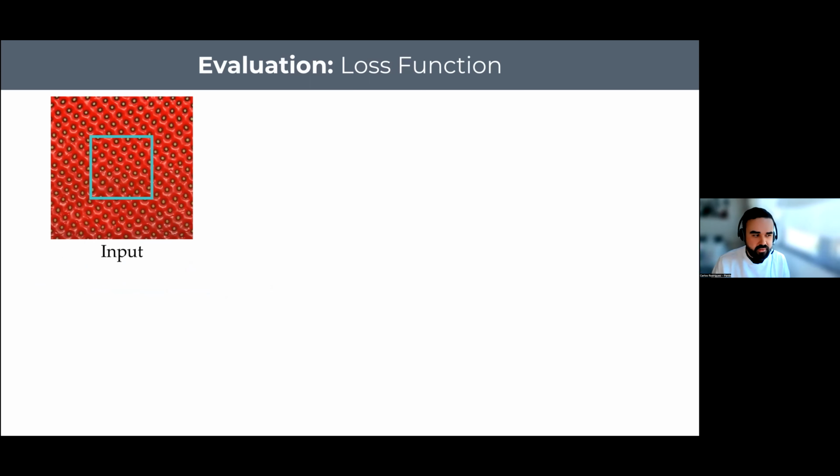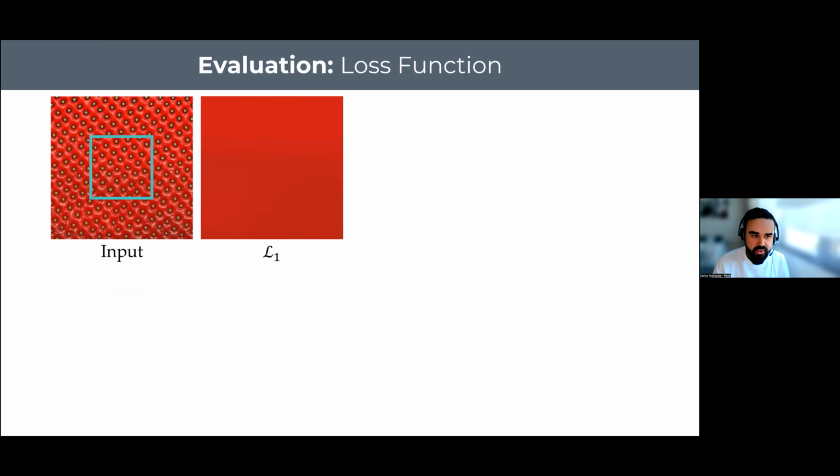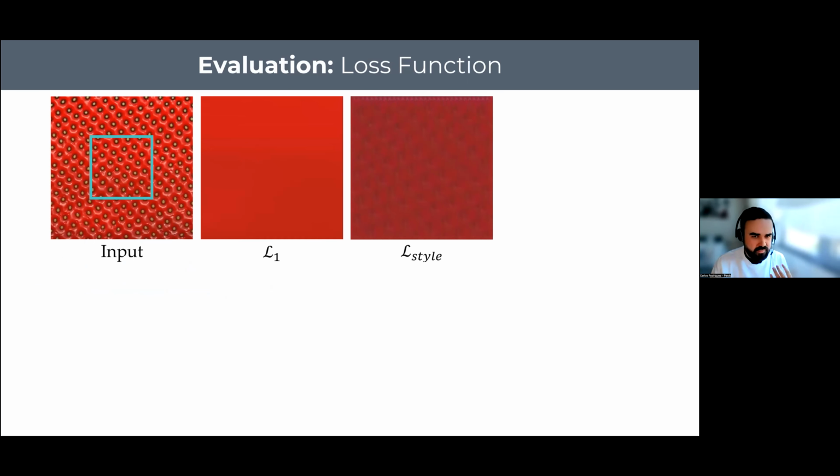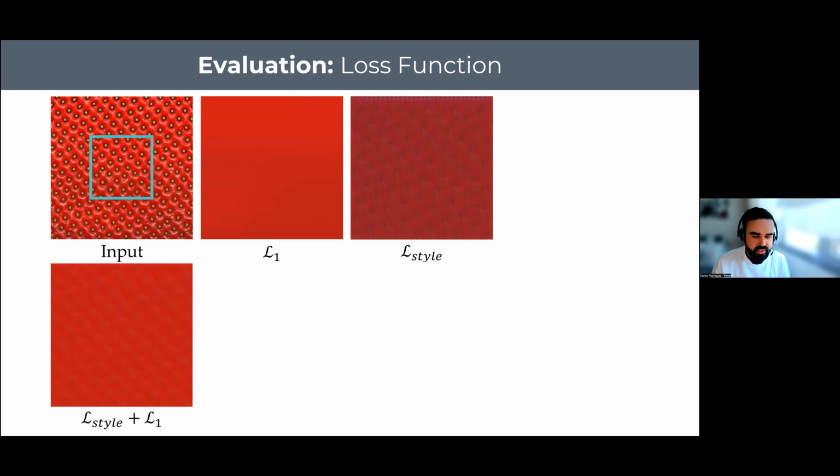We see that if we train SeamlessGAN only using the L1 norm, the results generally don't contain any texture. If we use the style loss, it has some texture to it, but it doesn't really work that well either. If we combine the two, that doesn't work either. The main driver of the loss function is the discriminator.